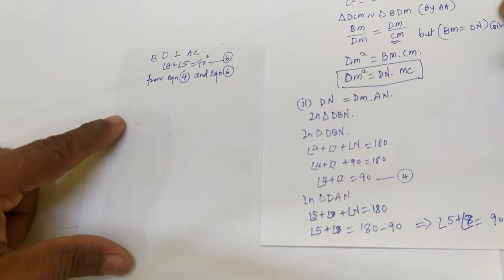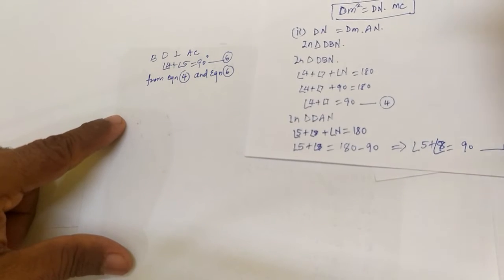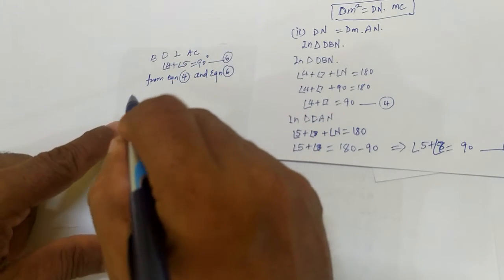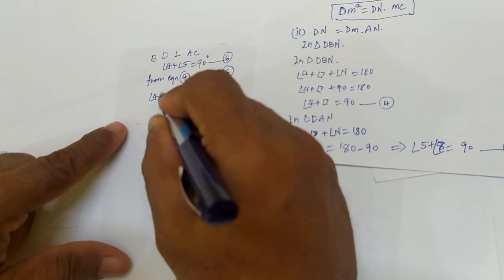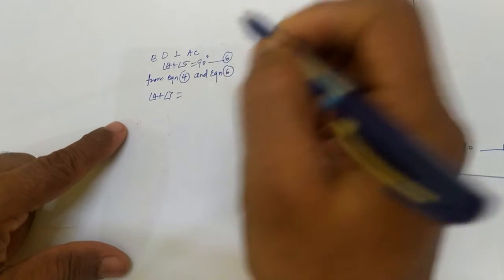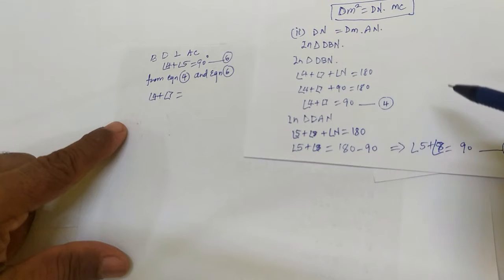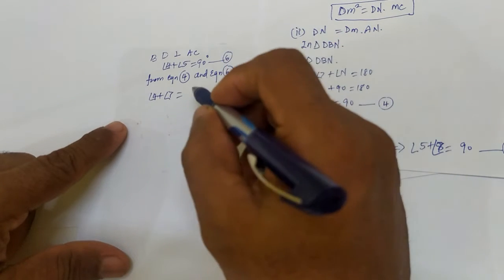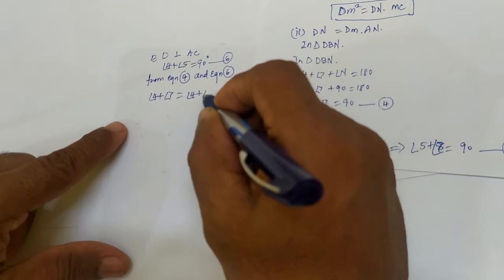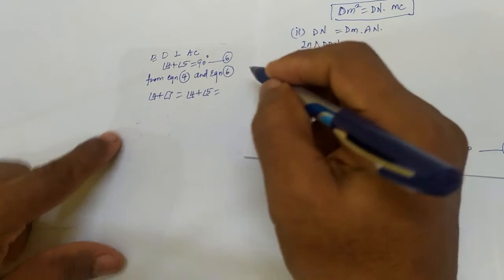From equation 4 and 6, angle 4 plus angle 7 is 90 and angle 4 plus angle 5 is 90.